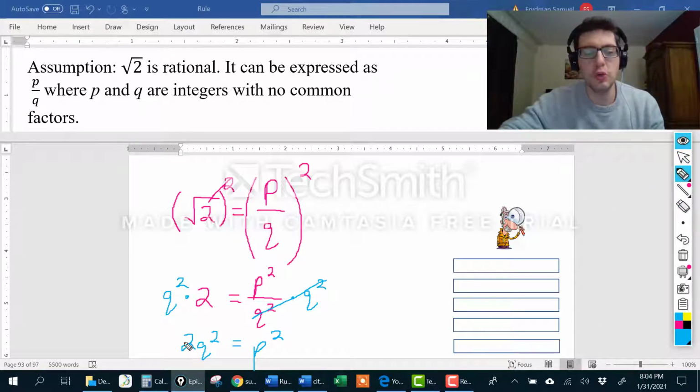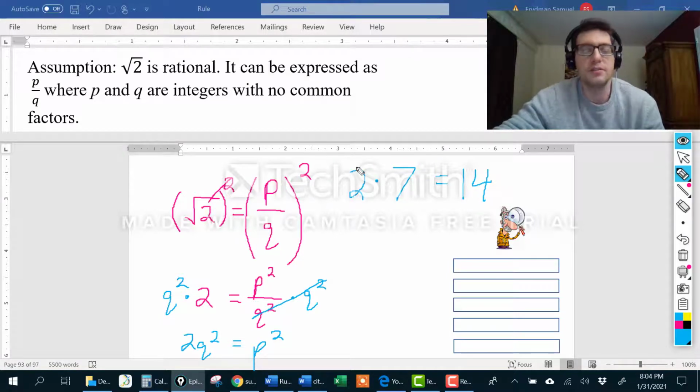If 2 times some number is equal to some other number, then this number over here must be an even number. For example, I'm just going to pick a number, 7. If I multiply 7 by 2, then I'll get 14, right? 14 is an even number, which just means it's divisible by 2.